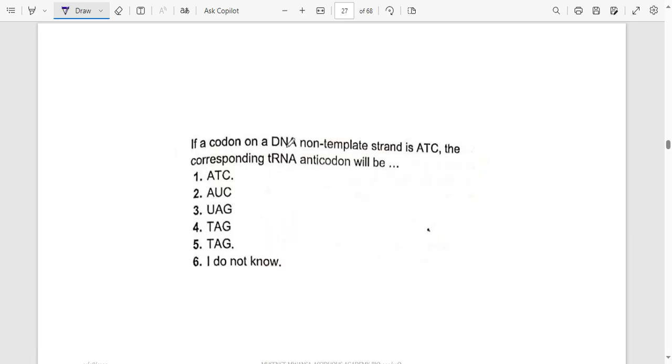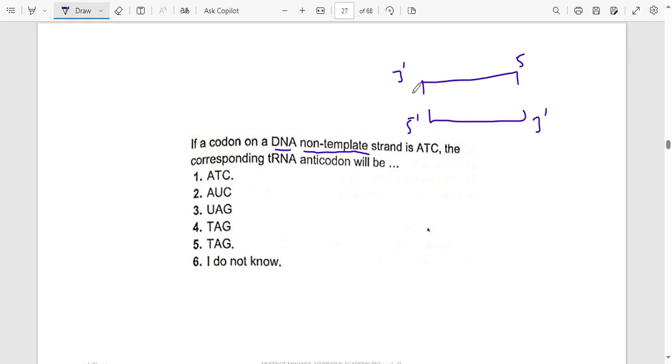If a codon on a DNA non-template strand is ATC, the corresponding tRNA anticodon will be... I love this question. So remember, DNA has two strands: the one running from 3 prime to 5 prime, and the one running from 5 prime to 3 prime.